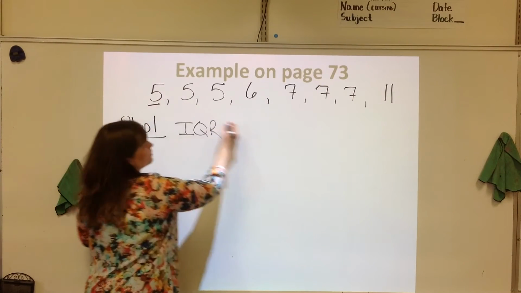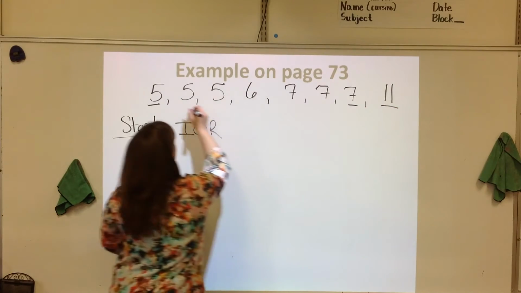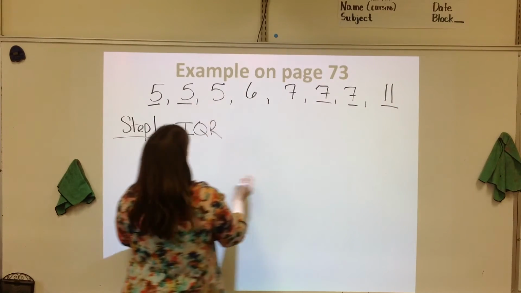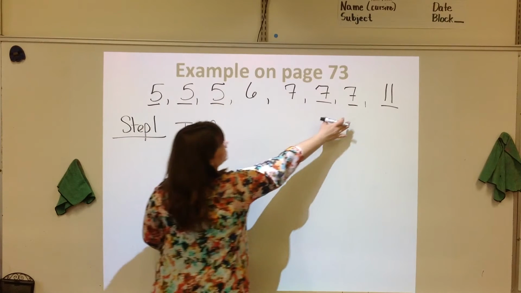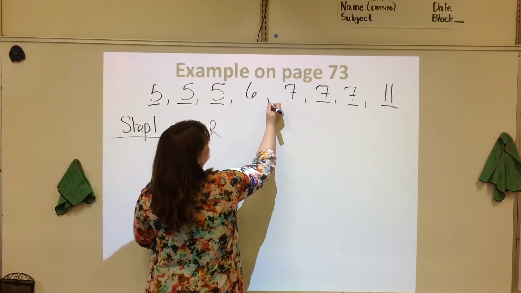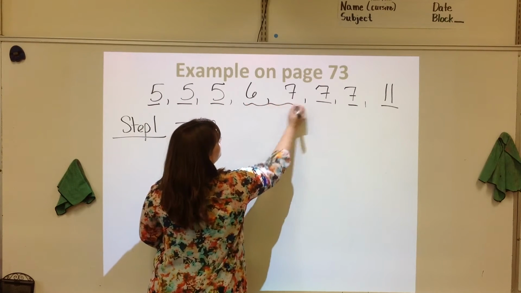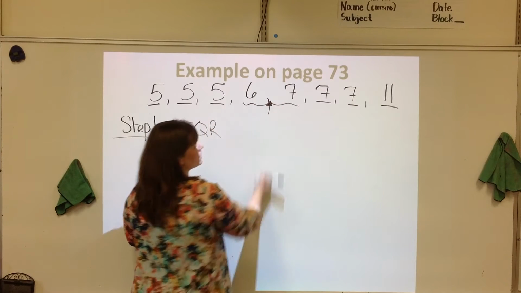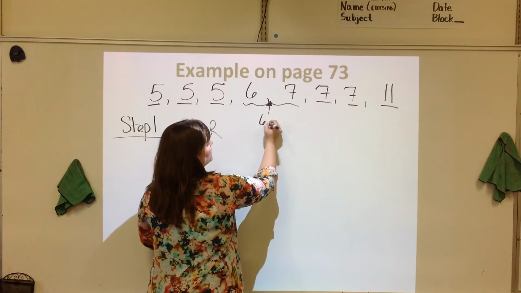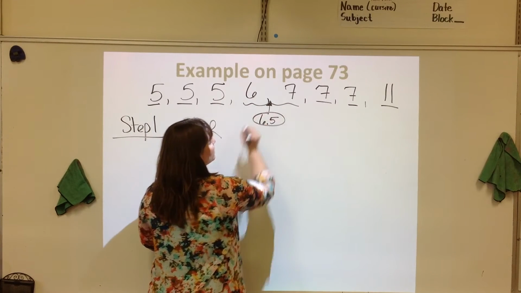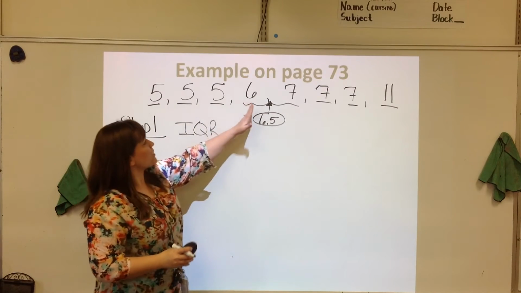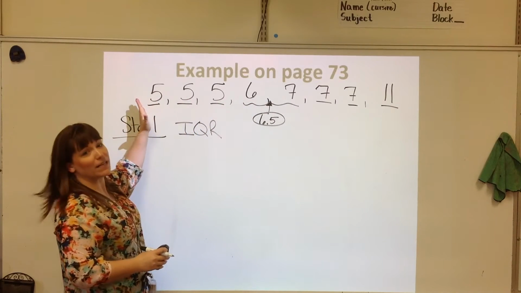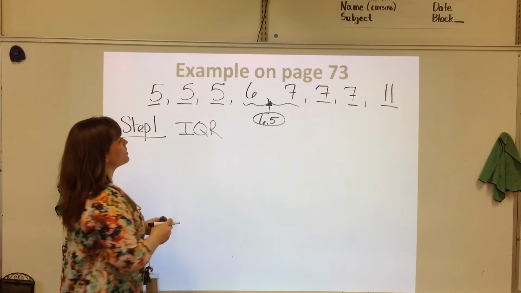So we're going to eliminate numbers. There's 3 on this side, 3 on this side. So the middle value actually is halfway in between 6 and 7. So that's 6.5. Now we have to use 6, 5, 5, and 5 to find the middle of those 4.